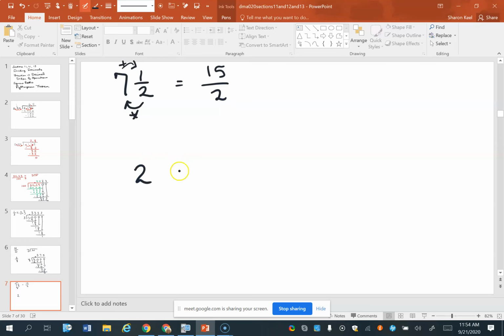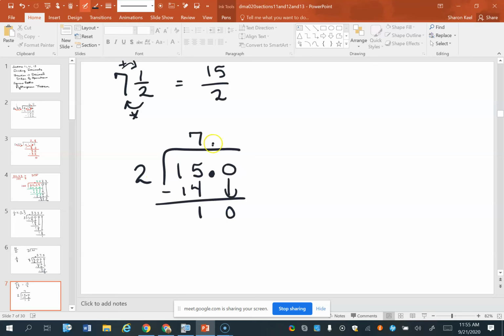So we would divide 2 into 15. 2 goes into 15 7 times. 7 times 2 is 14. Subtract, 1 left. Now, since we need to continue, we then have to add the decimal and a 0, bring it down, add the decimal up here in our answer. 2 goes into 10 5 times. 5 times 2 is 10. And then here we have subtracted out to 0. That would be our solution.